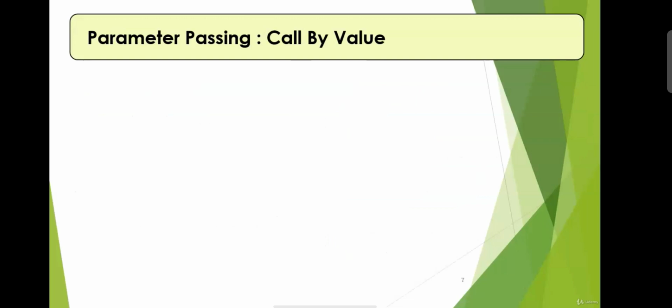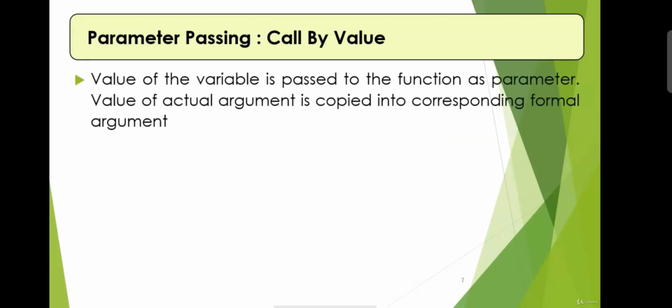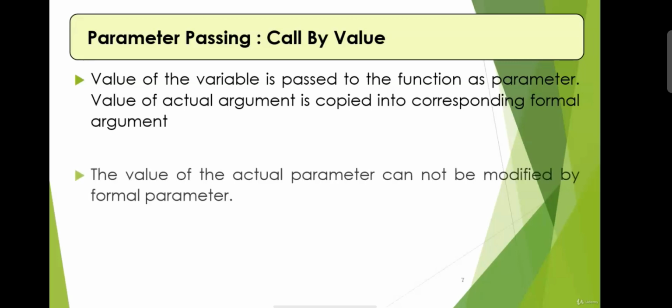Let's understand the call by value method in more detail. Here the value of the variable is passed to the function as a parameter. In this case, the value of the actual argument is copied into the corresponding formal argument. So there is a copying of values from the actual argument to the formal argument.